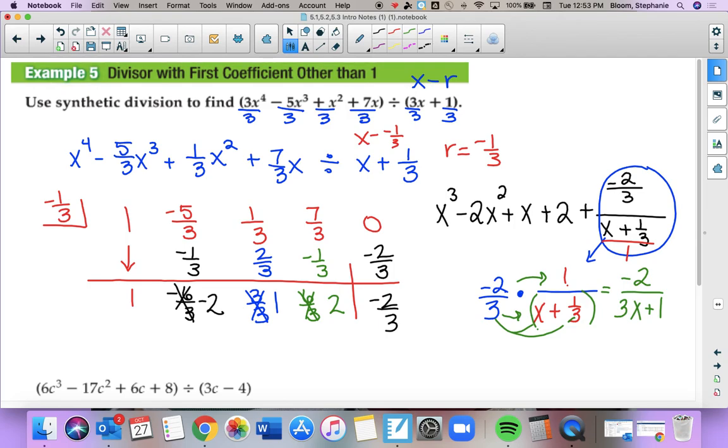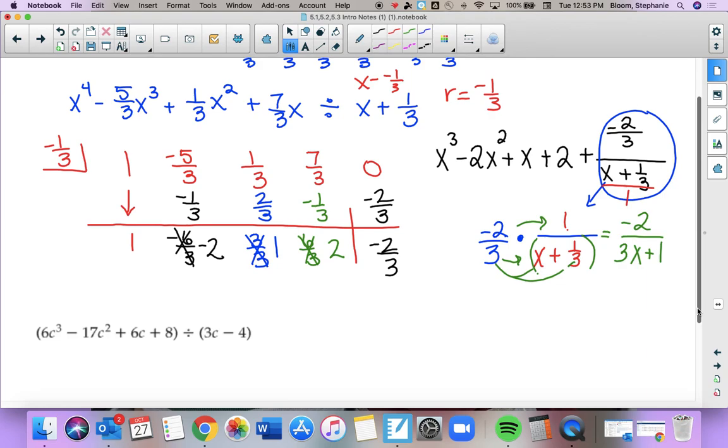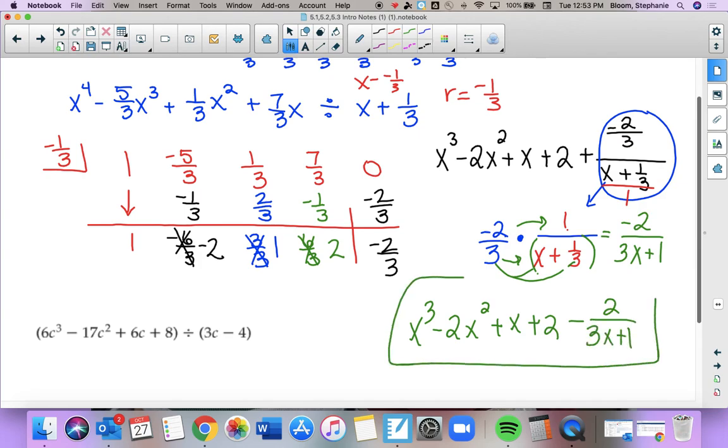So now my final answer will be x cubed minus 2x squared plus x plus 2 minus, or you could say plus negative 2 over 3x plus 1. Okay? Anybody have a question about that?